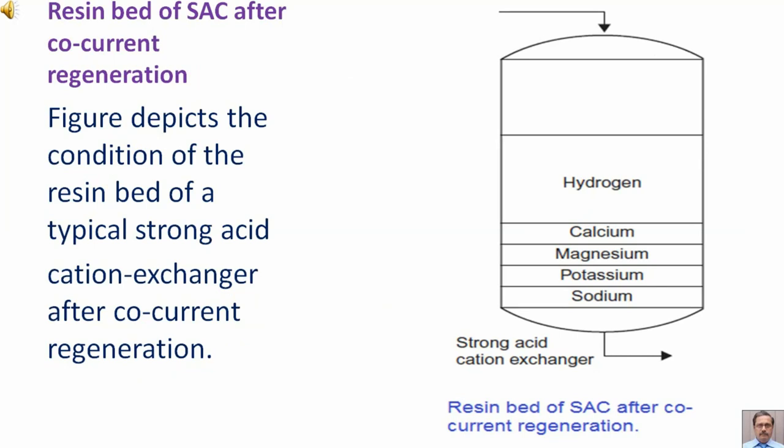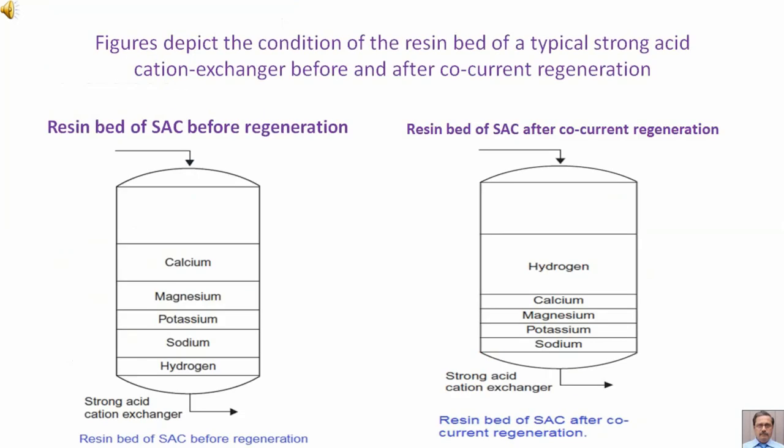Figure depicts the condition of the resin bed of a typical strong acid cation exchanger after co-current regeneration. In this slide, the diagrams shown in previous two slides are shown together for ease of comparison.